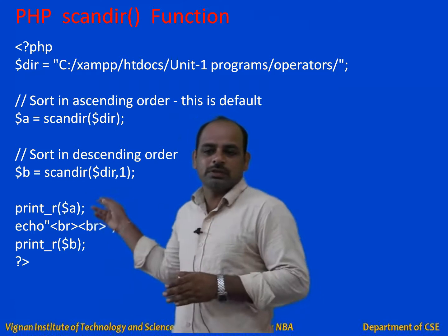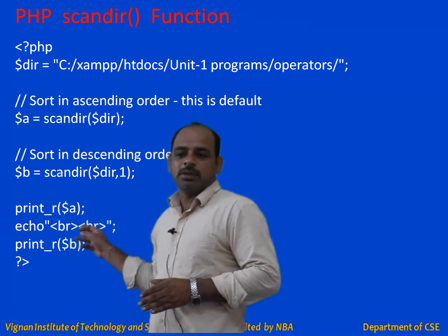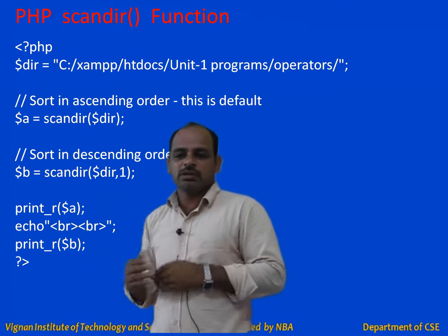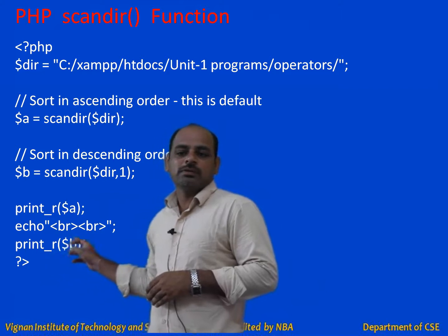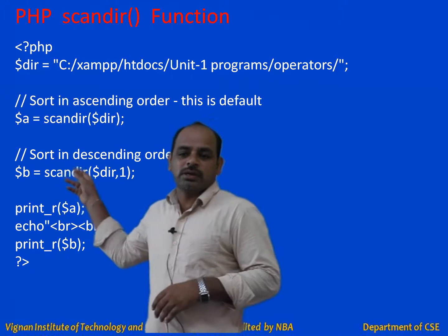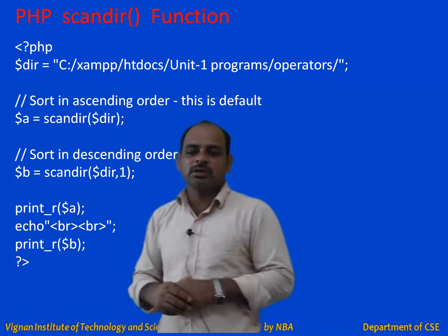So print_r of A displays the array elements, and echo br, which I am using for giving a line break between the 2 arrays here, and print_r again, which will print the array B contents here. Okay. So array A contents are sorted in ascending order, array B contents are sorted in descending order.